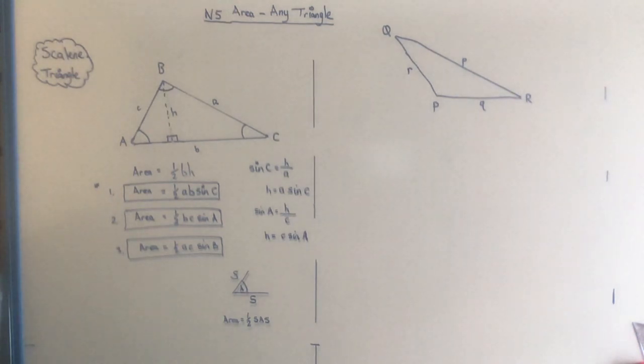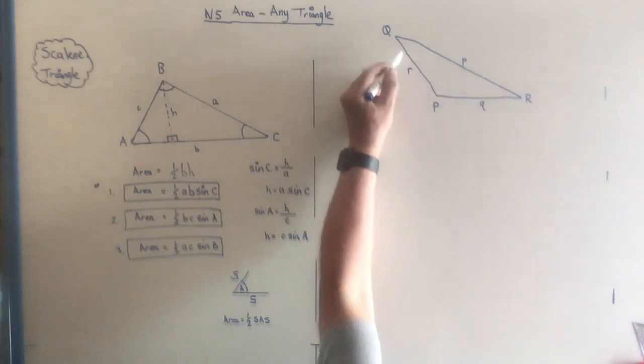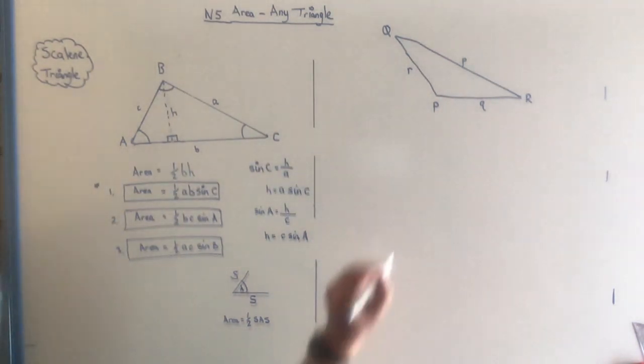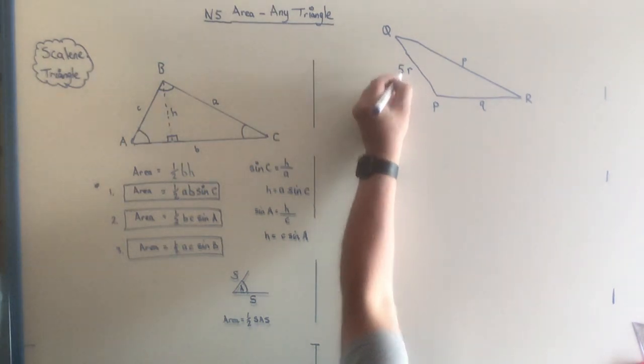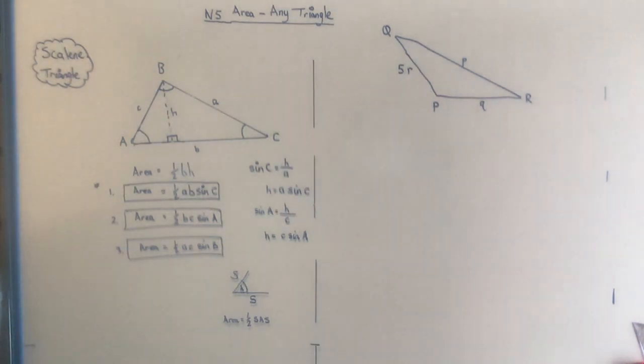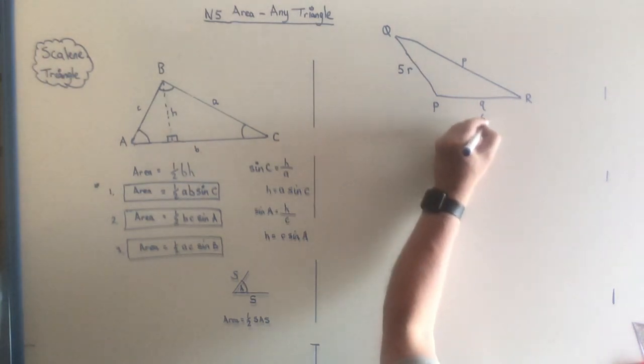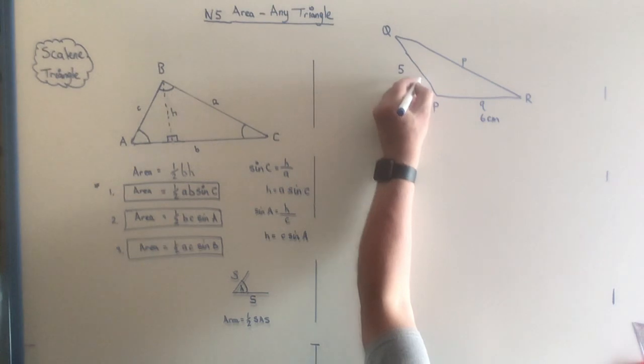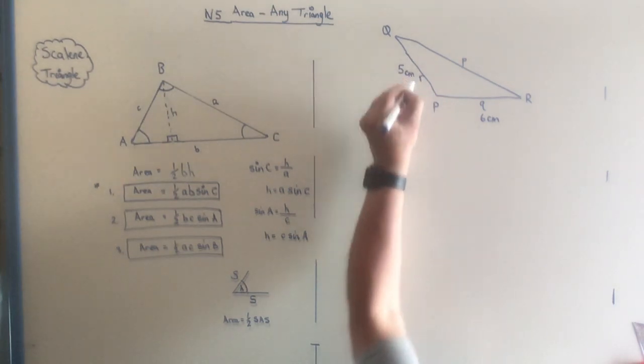So we're given PQ, so the length PQ is given by 5, and that'll be centimetres, and PR is 6 centimetres. Okay, we'll just rub that out a wee bit, put R here so I can get centimetres in here.